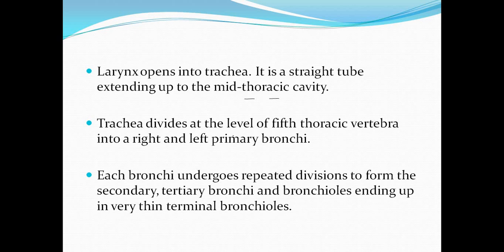The trachea divides at the level of the fifth thoracic vertebra into a right and left primary bronchus. Each bronchus undergoes repeated divisions to form the secondary, tertiary bronchi and bronchioles.